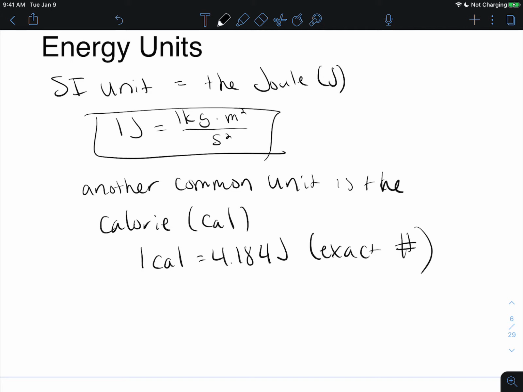And then you should be familiar with calories, or at least kilocalories, because that's what all food is given in. So 1,000 little c calories is equal to 1 big C calorie, which is also equal to 1 kilocalorie. So what we see on the back of a food label is a big C calorie, so 1,000 little c calories.